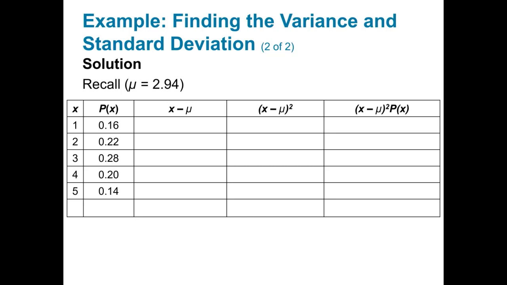And so they'll subtract the mean from the probability, instead of the mean from the data value. So be careful. Make sure you're subtracting from the right column, in this case, the first column, x. So this one should be 1 minus 2.94, which gives you what?